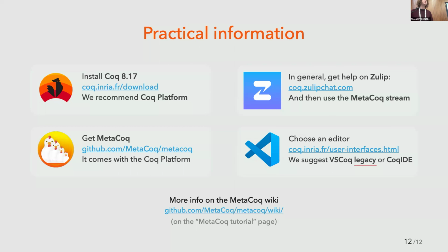You also need MetaCoq and an editor. The information is on the MetaCoq tutorial page, and of course we're here to help you.